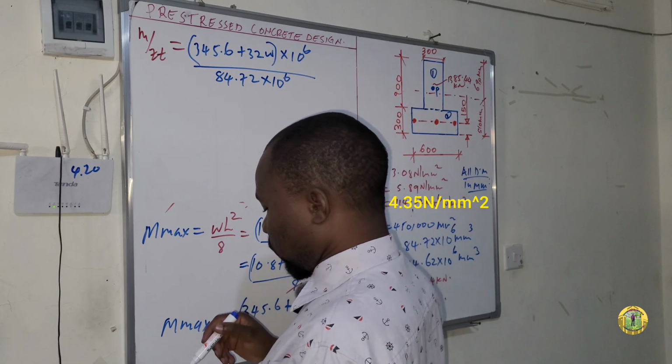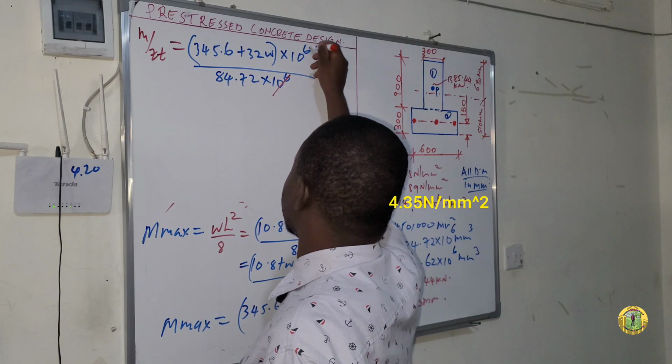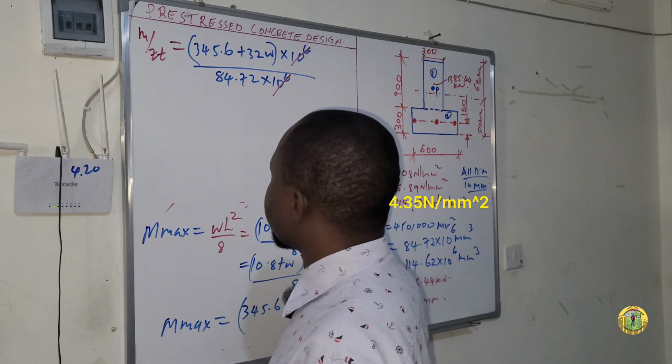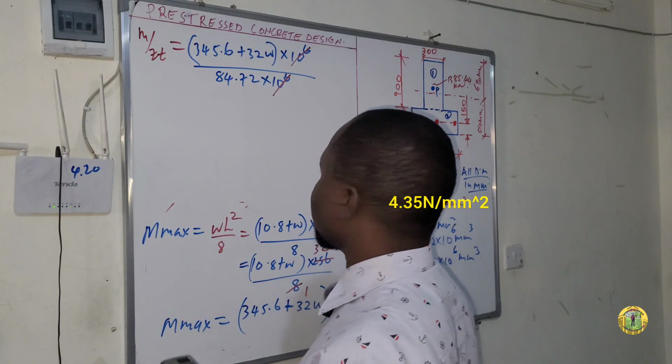So this will cancel with this, and then we'll divide each term by 84.72.